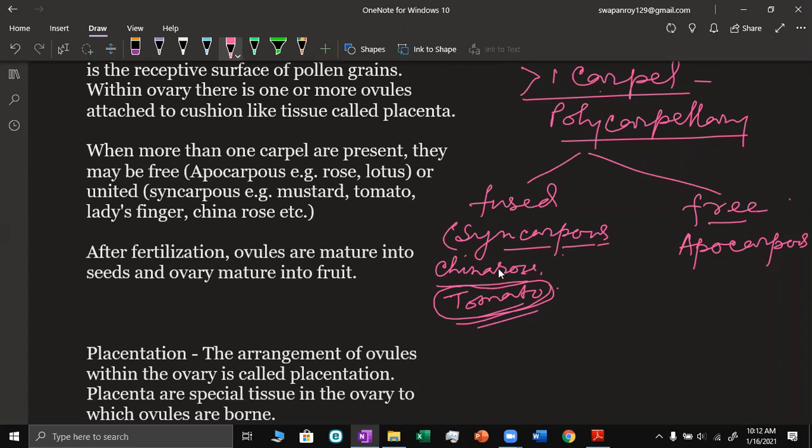The free condition, apocarpous, is found in rose and lotus, while syncarpous is found in mustard, tomato, lady's finger, China rose, etc.